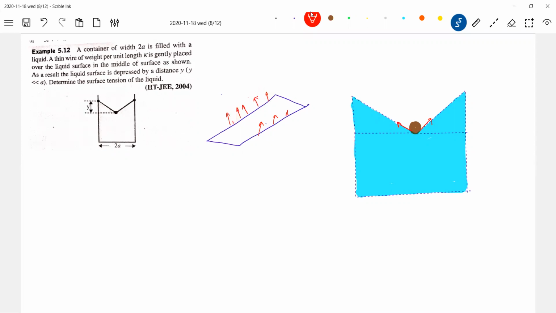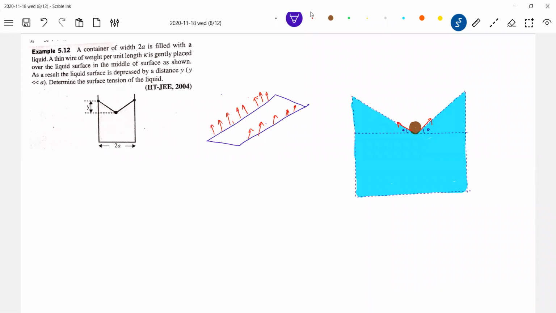It will make some angle. Here also it will make some angle. Able to imagine? So along the length, the force will be making an angle. Let this angle be theta.